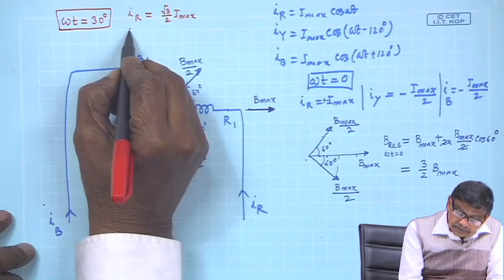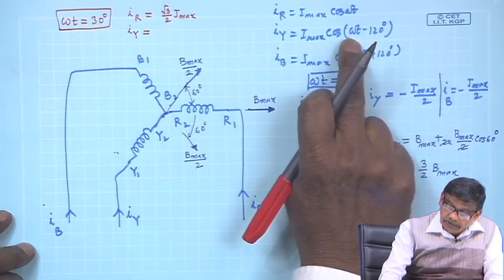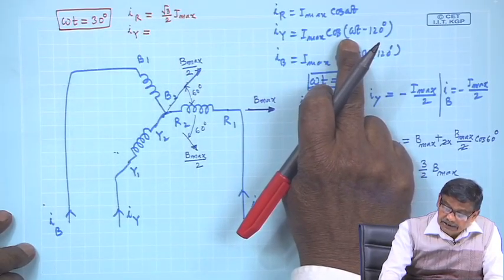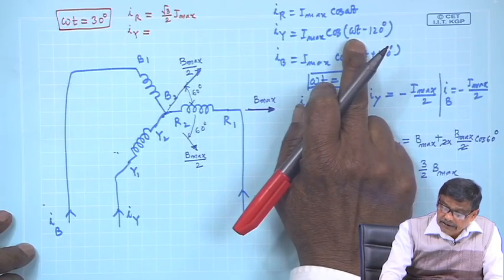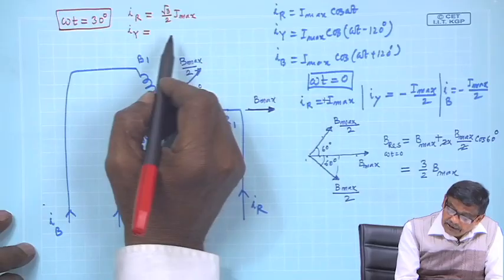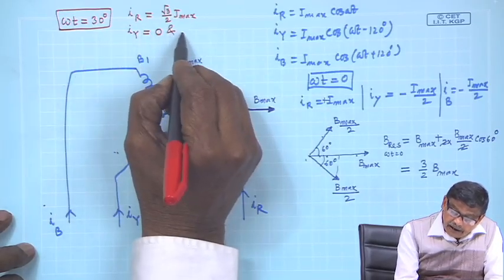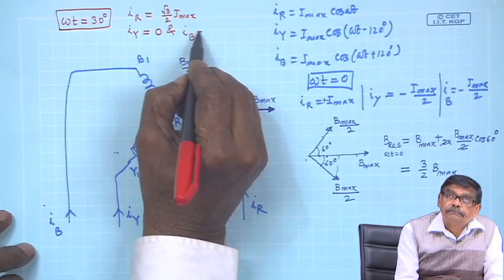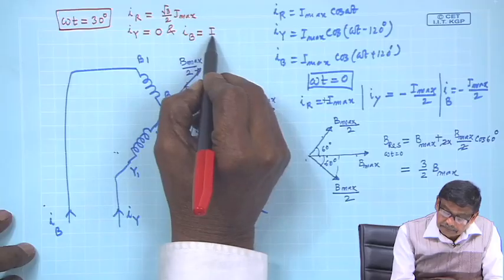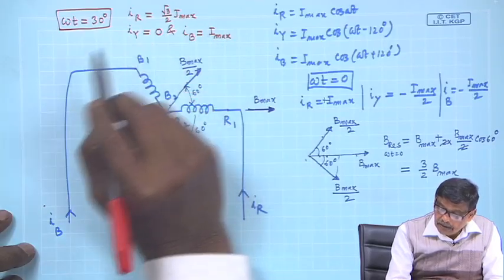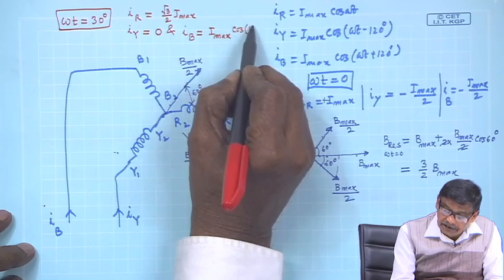I y, if you substitute 30 degree here, it will be cosine minus 90 degree. So, I y will be 0 at that time, and I b will be I max cosine of 150 degree.